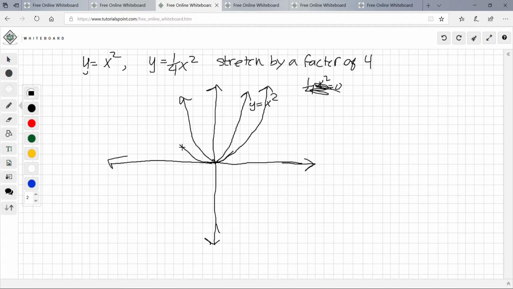And when I say roughly, this means you have to actually make a table.